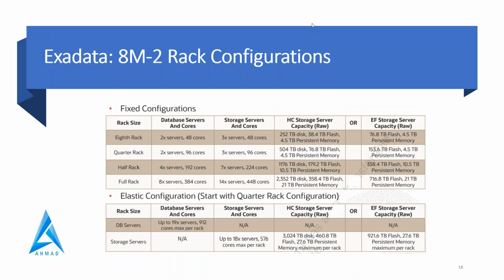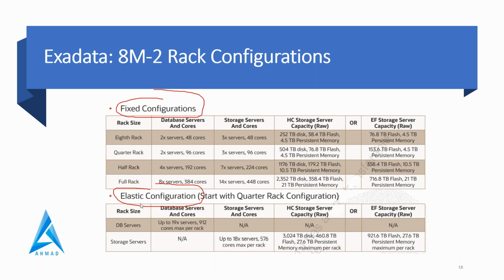Now the X8M-2 rack configuration. Here we have rack sizes and we have fixed configuration. If you see, this is the fixed configuration and this is the elastic configuration. In that you have rack sizes, database servers and cores, and storage servers, either high capacity storage servers or EF storage servers.